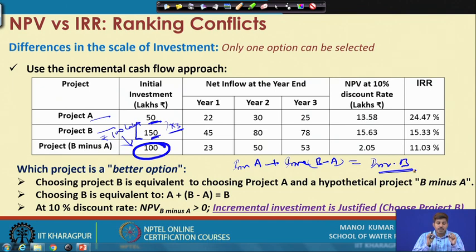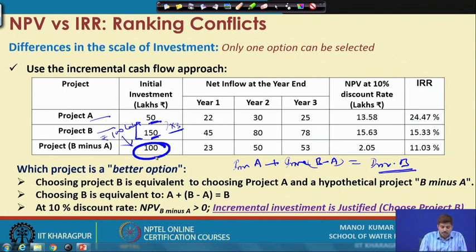Remember, this project B minus A is the incremental investment being made while choosing project B over project A. Independently, I saw that project A is fine and project B is also fine; project A is giving me higher return and good NPV as well, but project B, although giving a little higher NPV, how does it compare when I look at the additional investment?